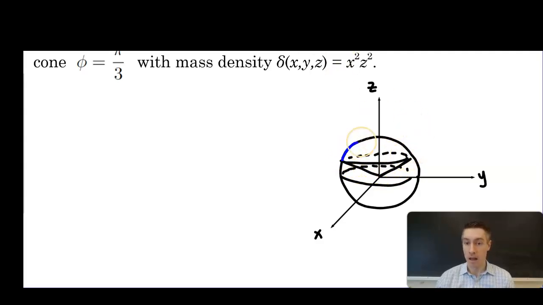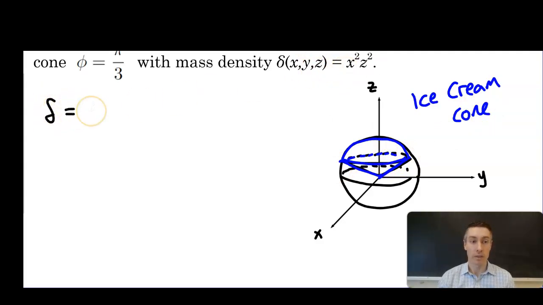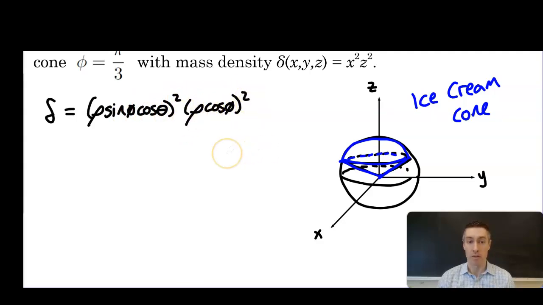Highlighting the solid in blue, we have what is often referred to as an ice cream cone. That's the region that we're integrating over. Our density function is going to be rho sine phi cos theta squared times rho cos phi squared.